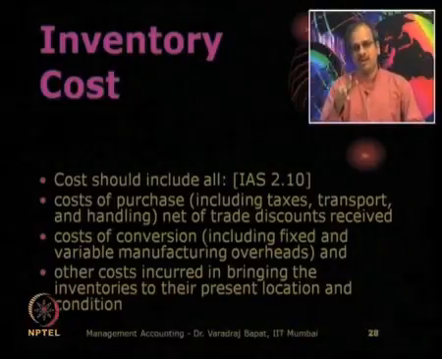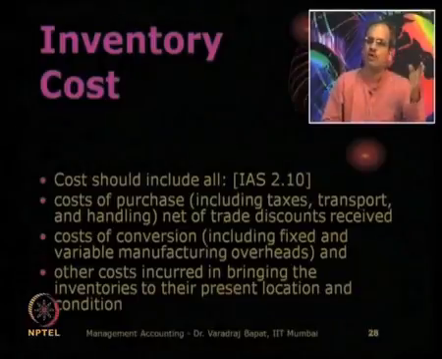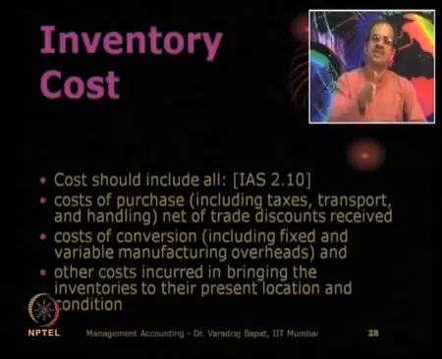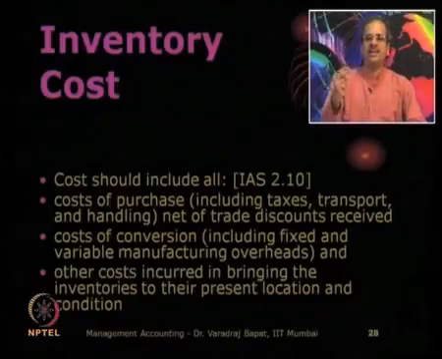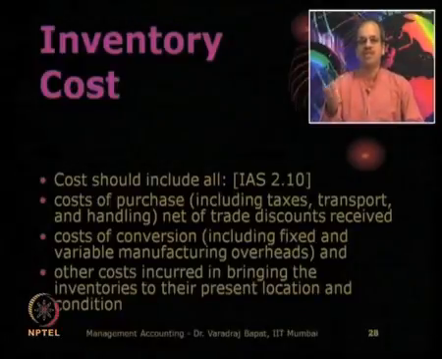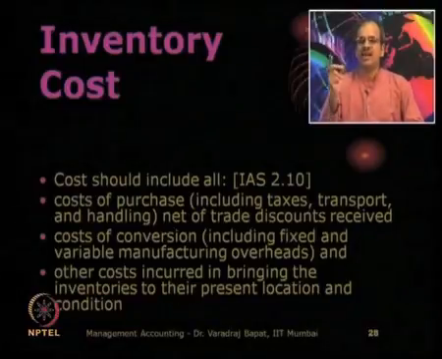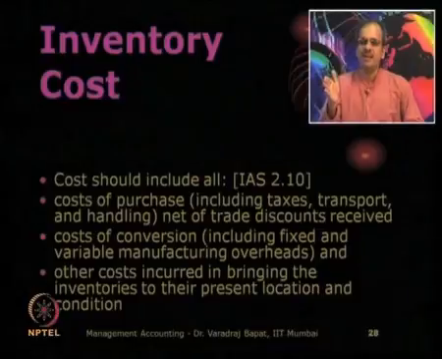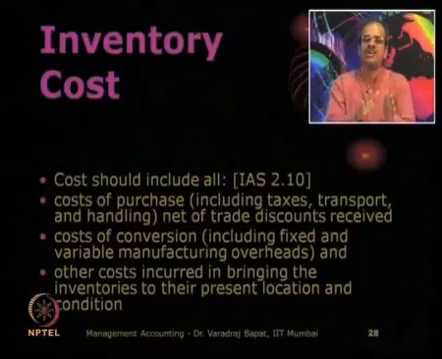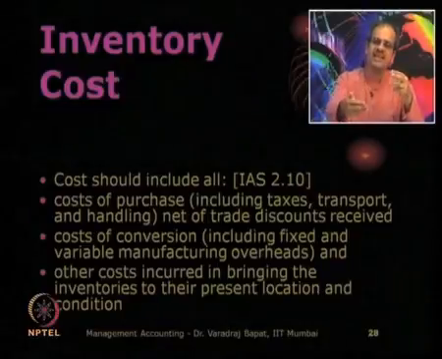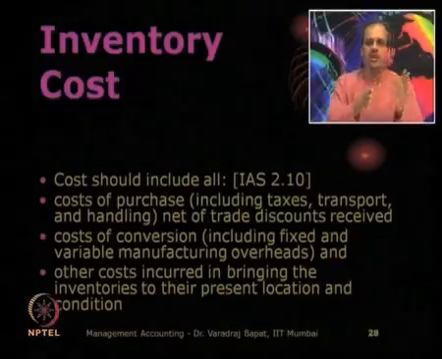Now, you may remember that the costs are of two types. You have some variable costs, some fixed costs. Both these costs are to be added. So, the second item is cost of conversion. Third item, if you have incurred any extra cost which is required to bring the item to its present location and condition. Location we have already discussed, let us say transportation, or condition.